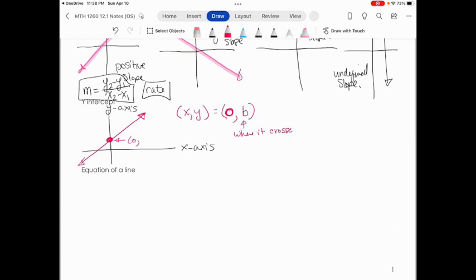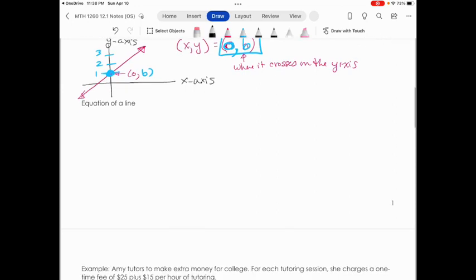And don't forget, when you write it as an ordered pair, as x comma y, your x is always 0. And then your b is this value here where it crosses the y-axis. So if this was 1, if I made my dashes 1, 2, 3, then in this case my b would be 1.